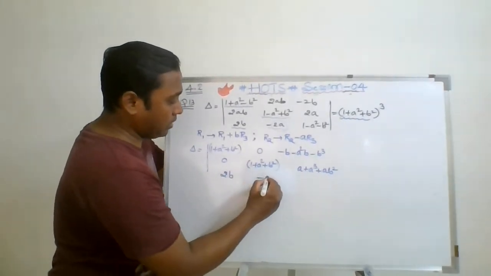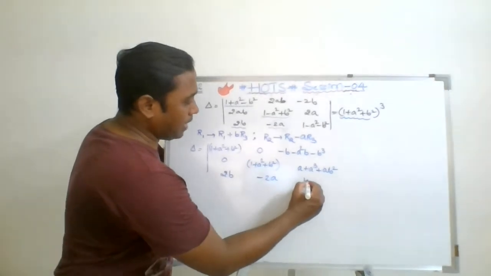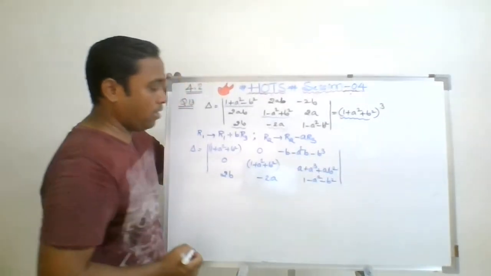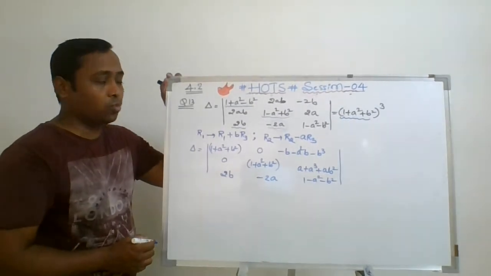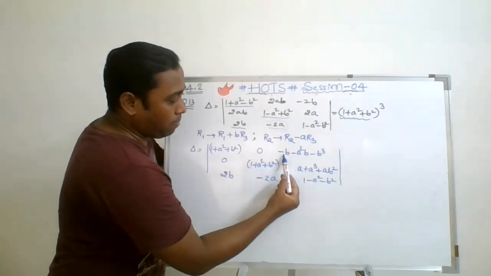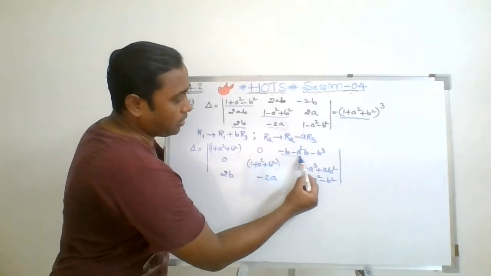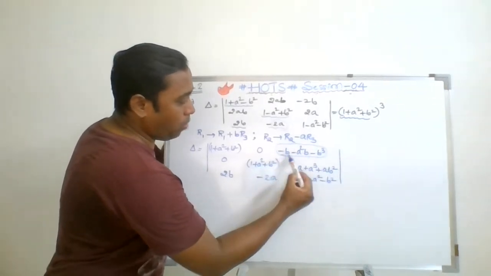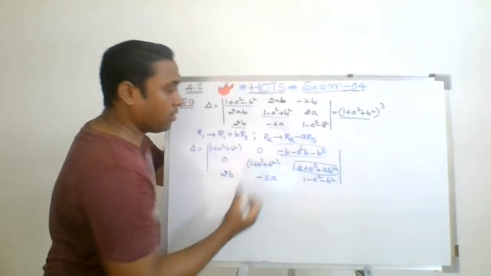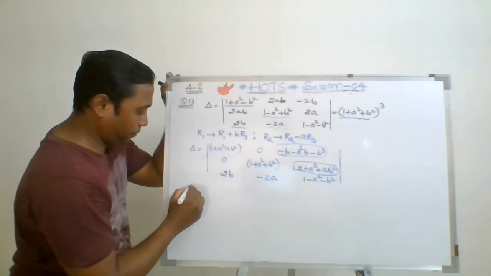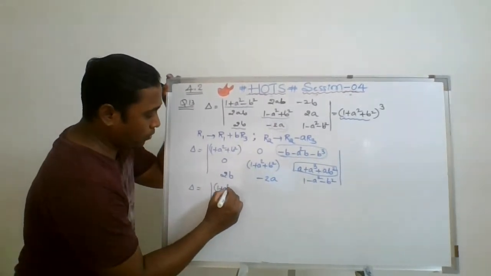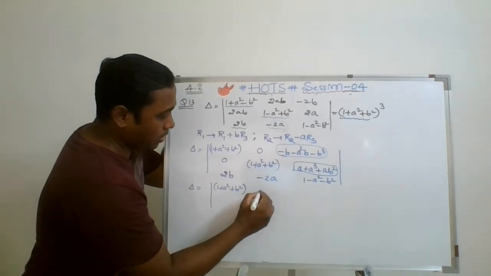I am not disturbing the third row. The third row's elements are as it is there. Just see what is the advantage of these two operations. From row 1, I am taking minus b as a common factor, and from row 2, a as a common factor. What will I get? See, 1 plus a square plus b square, 0.